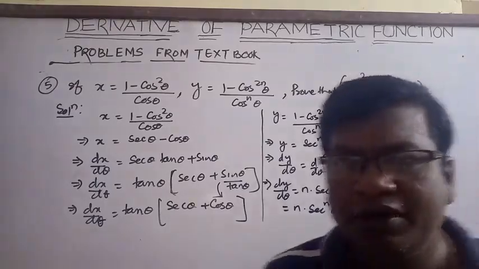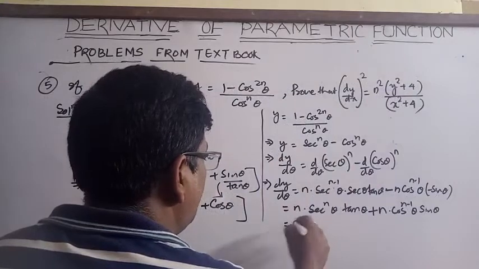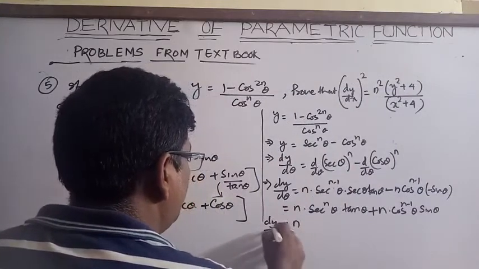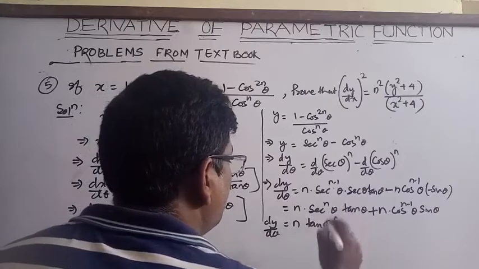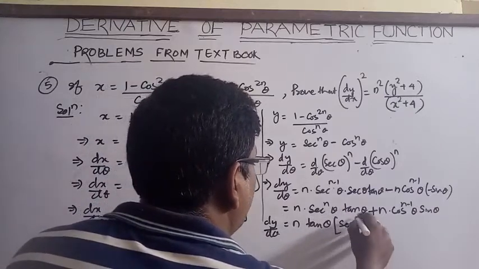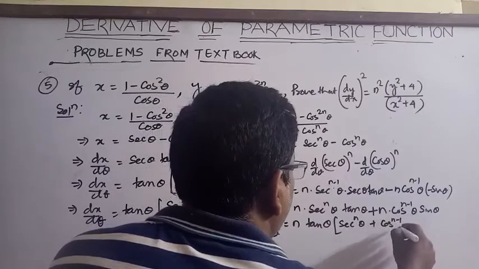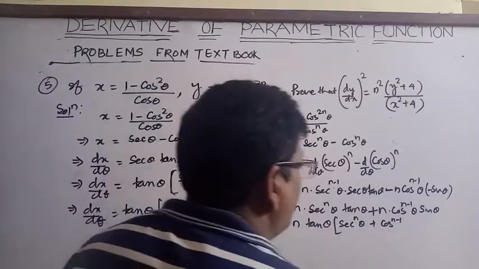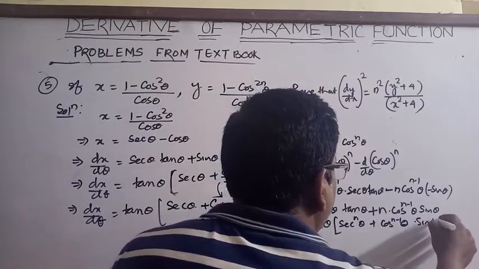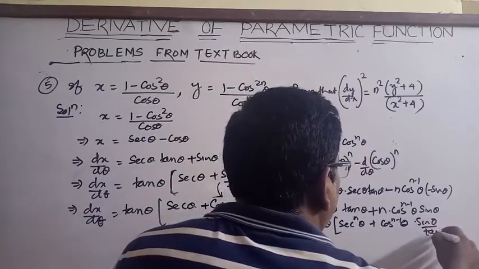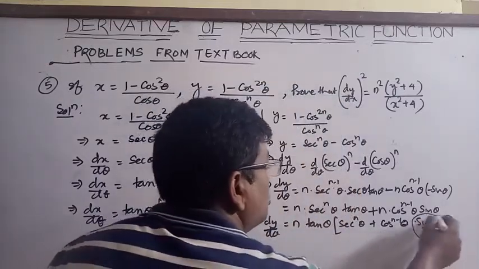So take common here, what will be common? This is dy by d theta, n tan theta common. This is equal to what? Sec n theta into cos to the n minus 1 theta into sin theta by tan theta. So sin theta by tan theta means what? This is cos theta.